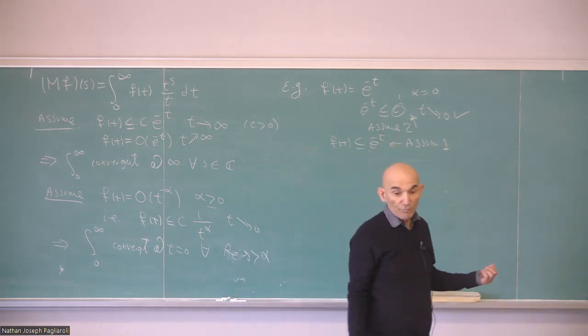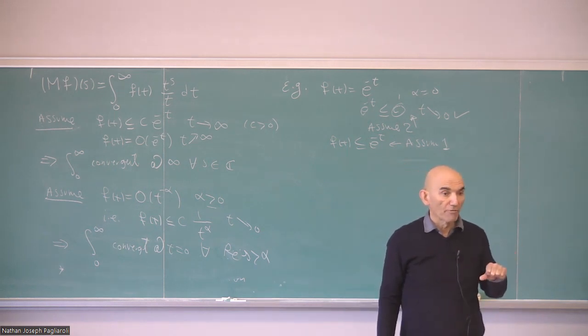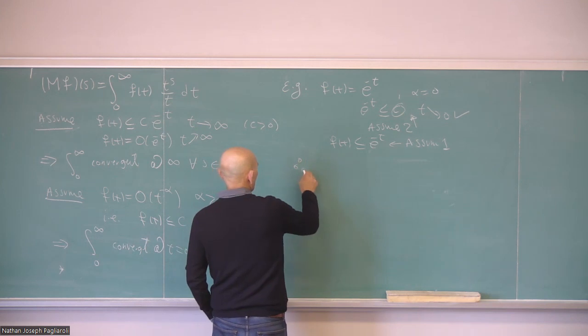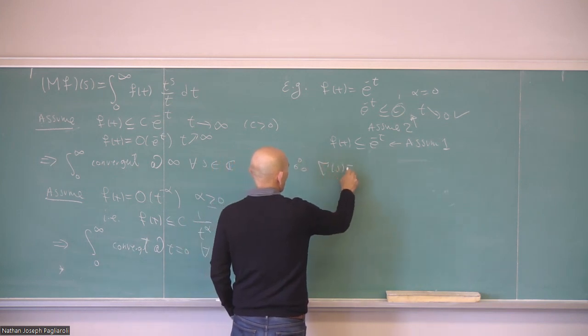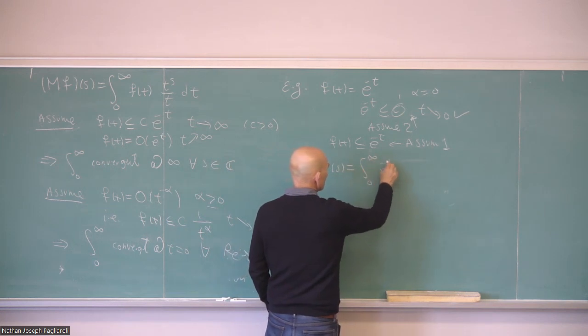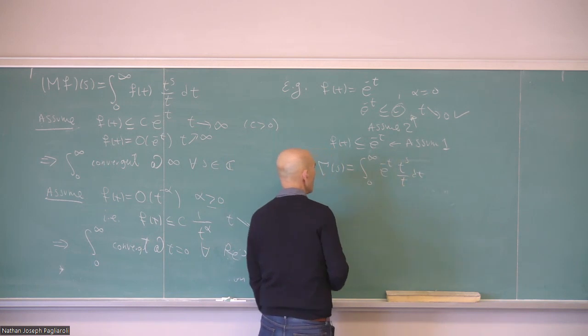And in fact, that's what we observed. We noticed that the Mellin transform of e to the minus t, we called it gamma of s, which is the integral from 0 to infinity of e to the minus t, t to the s over t, dt.